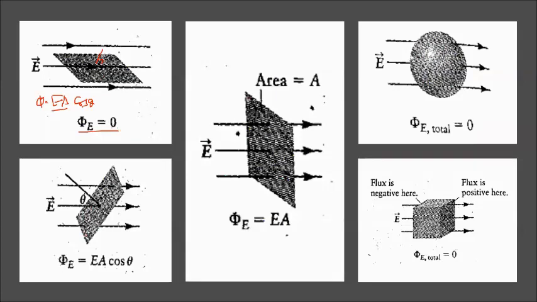Next figure. Now we have the electric field direction at an angle to the line perpendicular to the surface. If there is an angle, if the electric field is inclined, just multiply the cosine of the angle and the product of electric field and area.